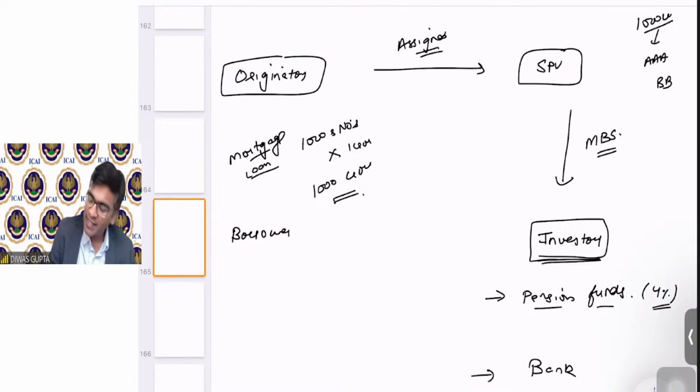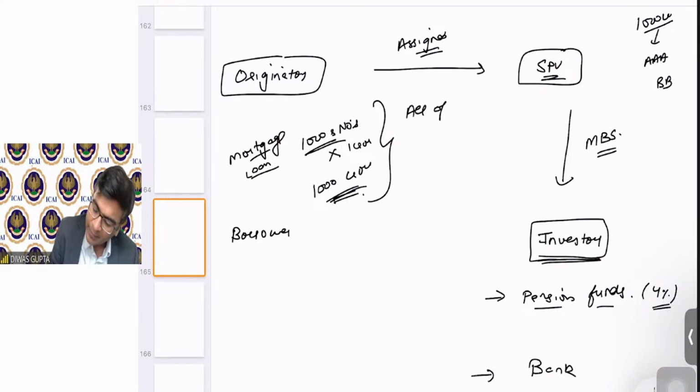So this SPV says that, okay, I have 1,000 crores. I have given it to 1,000 different people. Again, applying the portfolio management principles, it is not that all of them will go bad.